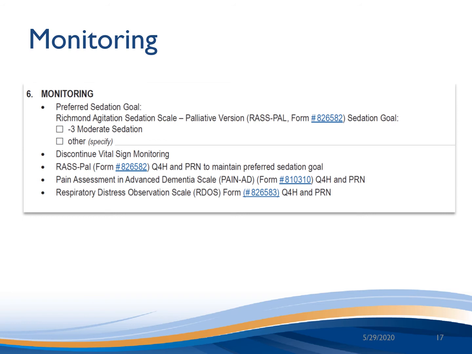If desired, another level of sedation can be established for either deeper or lighter sedation, depending on patient and family values. It also establishes the 3 sets of monitoring parameters, namely the RAS-PAL, the PAIN-AD, and the RDOS, which are used by the bedside nurses in order to help monitor and titrate medications to optimum effect.